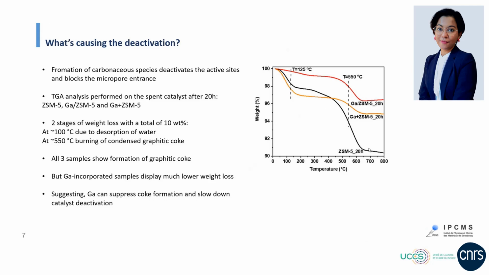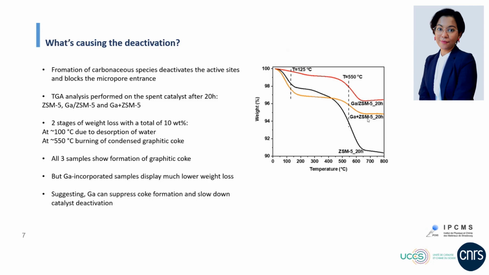We see weight loss happening in 2 stages, with a total of 10% for ZSM5. The first is between 100 and 125 degrees Celsius, and the second between 400 and 550 degrees Celsius. So the first weight loss could be attributed to the desorption of water, and the second one is burning of condensed graphitic coke.